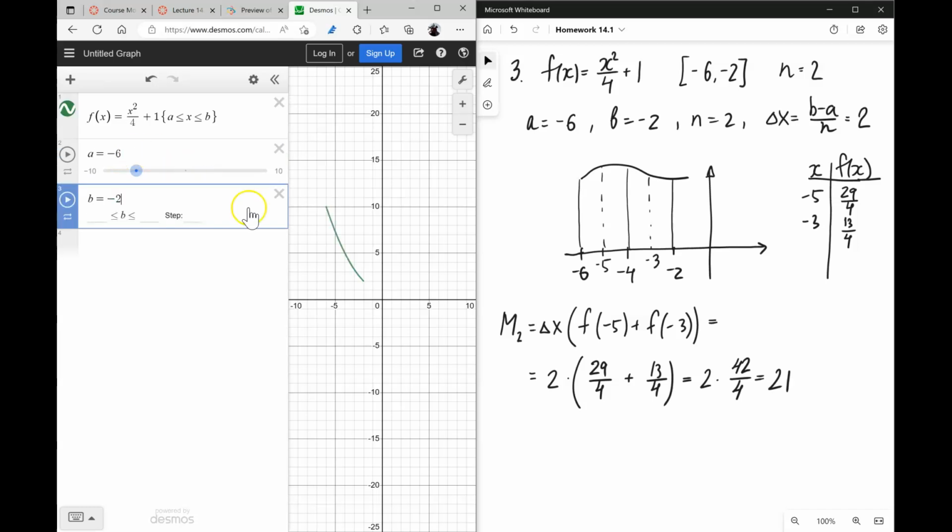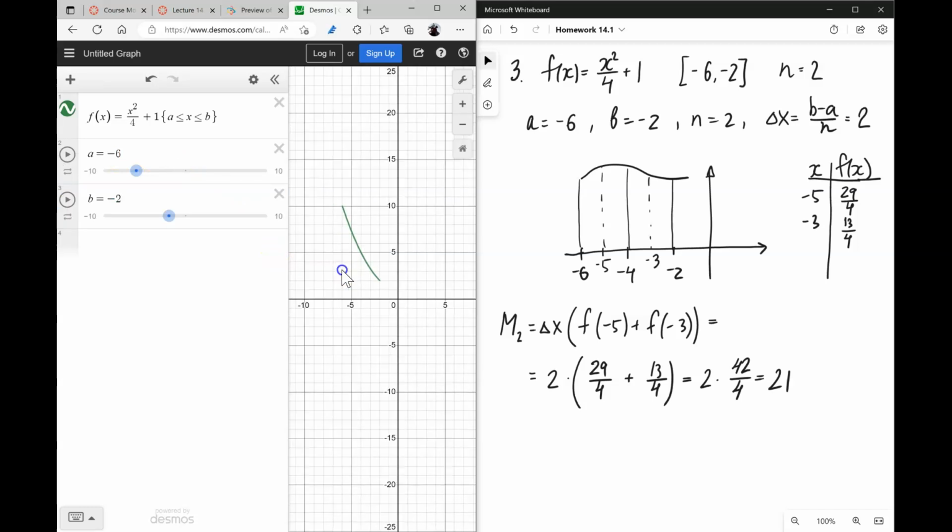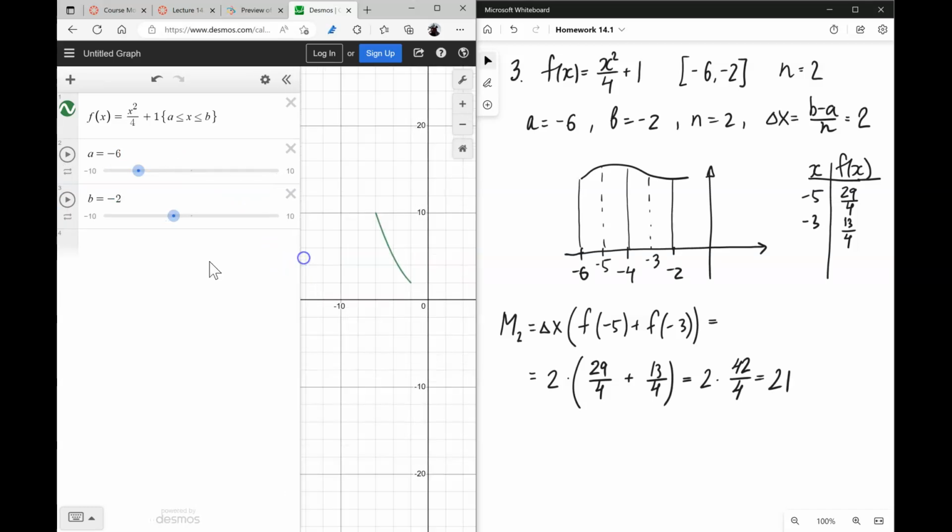So we're literally trying to estimate the area under this piece of the parabola. We can help ourselves with computing the delta x by using this formula. So n is 2 in this case.